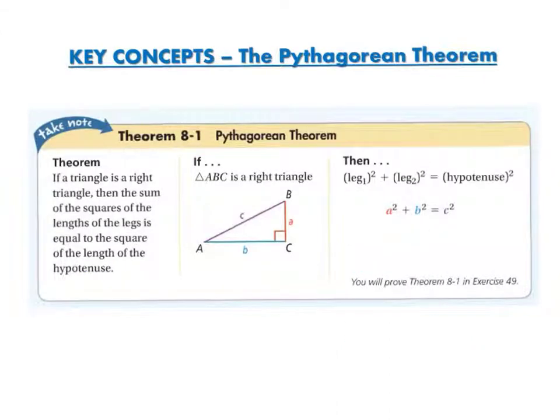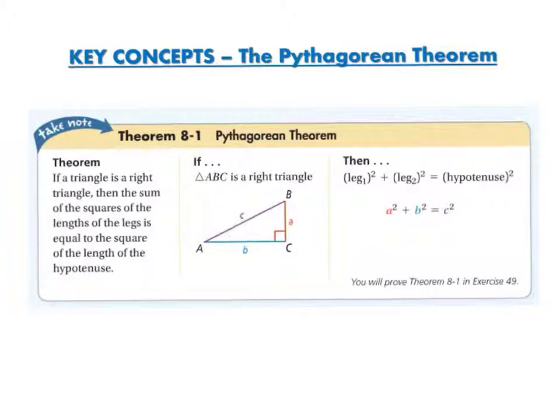The Pythagorean theorem states that if a triangle is a right triangle, then the sum of the squares, that means taking a number and multiplying it by itself, of the lengths of the legs is equal to the square of the length of the hypotenuse.